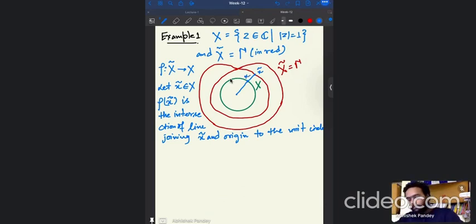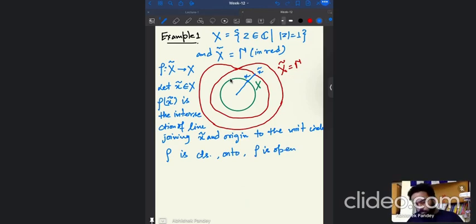Now since this is a radial map, you have some properties of rho. So rho is continuous, obviously onto. I mean, this will cover every point because of the way I have drawn this curve gamma. So rho is continuous, rho is onto, rho is open.